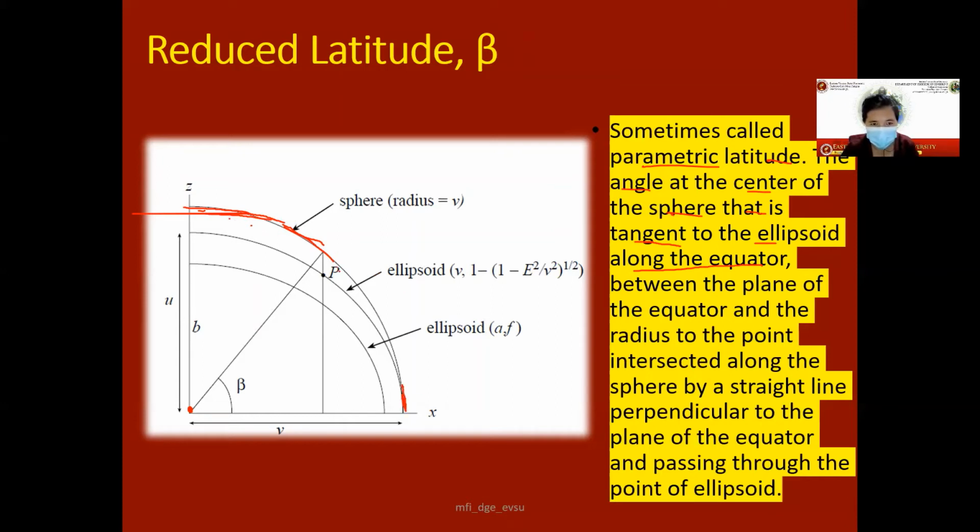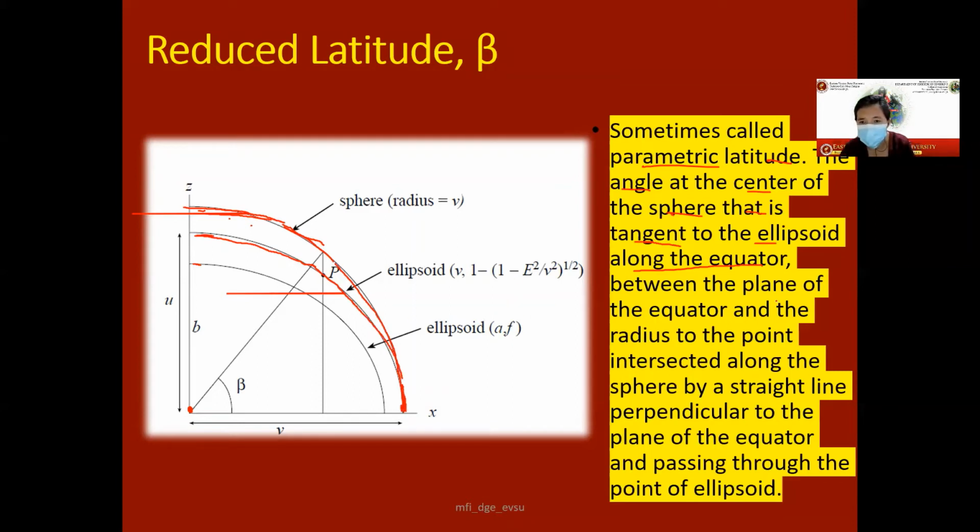So this is the sphere, and this is our ellipsoid. Your sphere and your ellipsoid meet along the equator, so they meet over here.